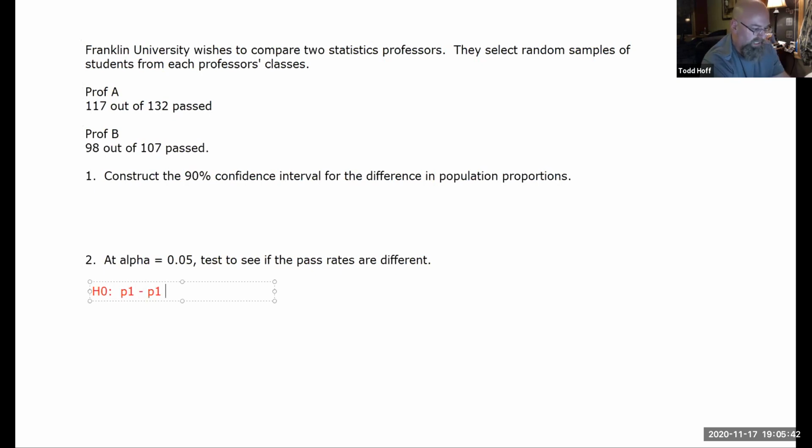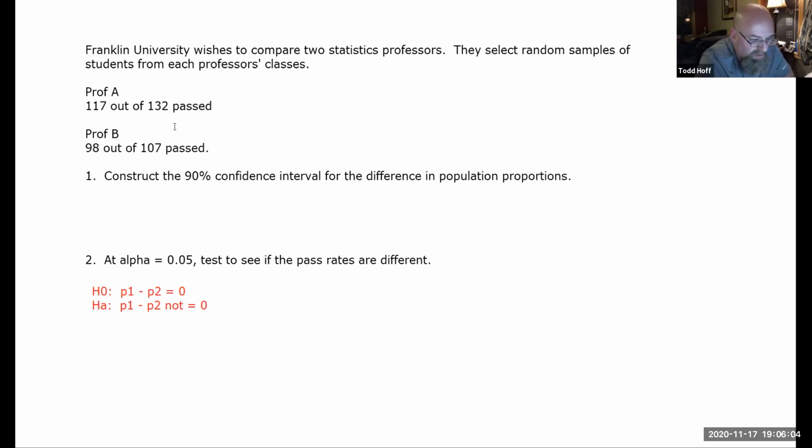The pass rates are equal. The alternative is that the pass rates are not equal. So P1 minus P2 equals 0, or P1 minus P2 does not equal 0.